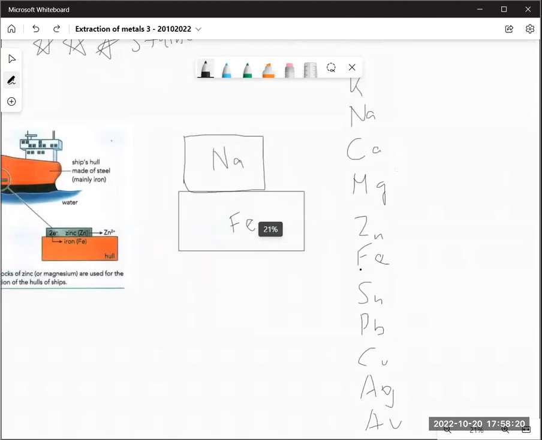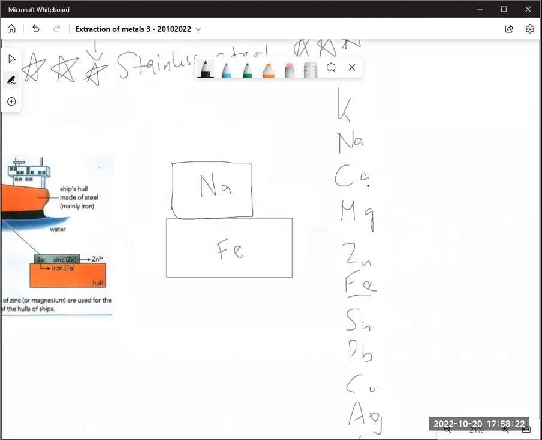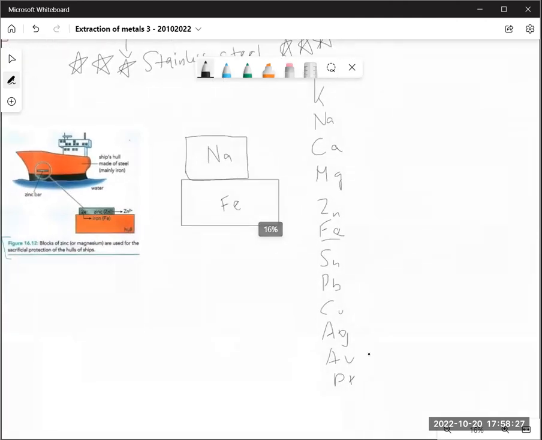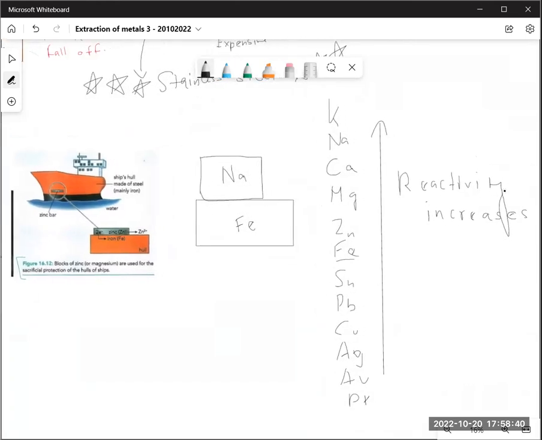Diana, can you name any other metal which is more reactive than iron? You have the list given here. The higher something is, the more reactive it is. This is called the reactivity series.